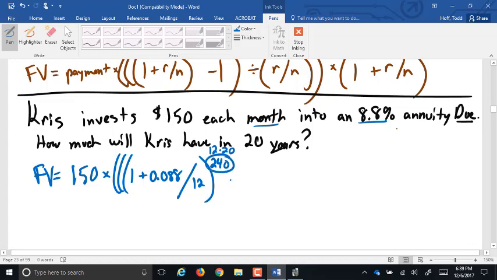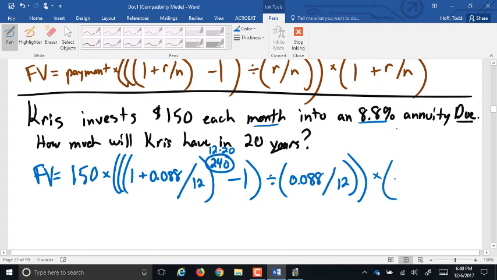Then what? Minus 1, and then close parentheses, and then divided by 0.088 divided by 12, and then close, times, open, 0.088 divided by 12 and close.